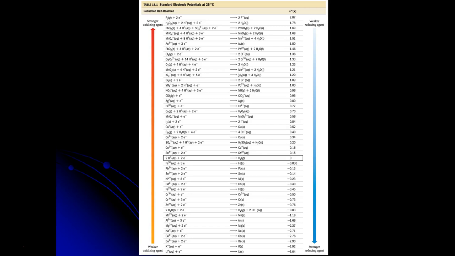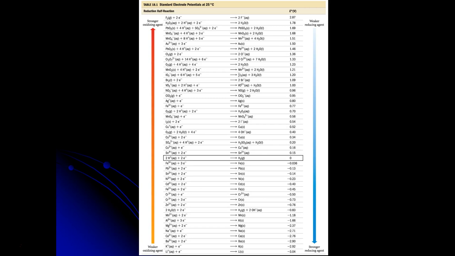So let's investigate where our copper and zinc are. Okay, so let's take a look at the very bottom of the table. We're moving up. We've got calcium 2+, sodium, magnesium, manganese. Ooh, there's zinc. We've got zinc 2+, aqueous, plus 2 electrons going to zinc solid.